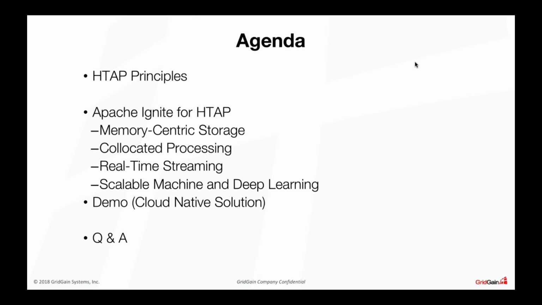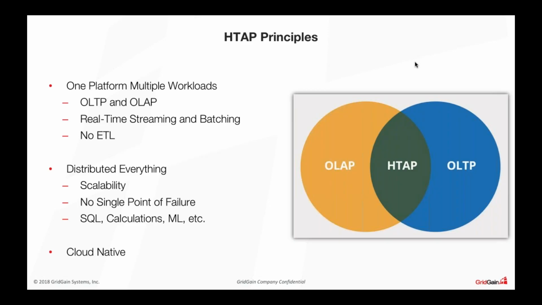And we are not going to talk a lot about the cloud native capabilities of Ignite and of other HTAP solutions, but I would rather demonstrate a nice demo. And finally, we are going to have a Q&A section where Rob and I will be happy to answer your questions. So let's move on with HTAP principles.